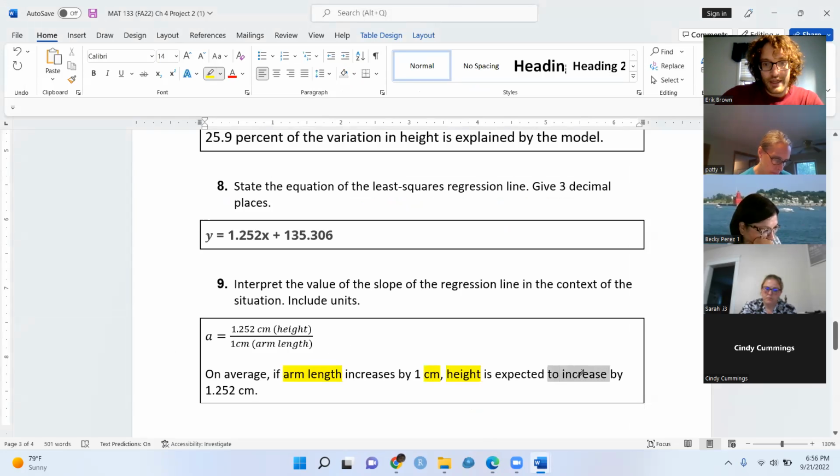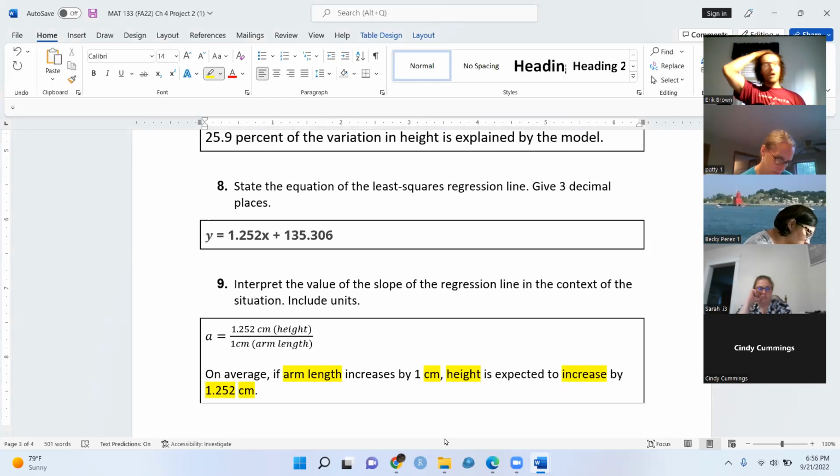We had to state it was an increase because it was a positive number. And we had to state the unit, the number of increase based on the slope and the units on it. All the rest we can always say. On average, always going to say that, comma, if blah, blah, blah.